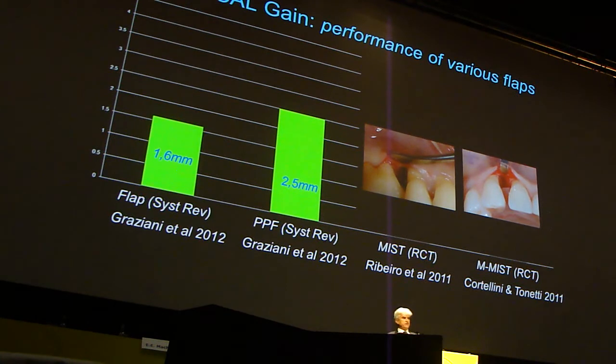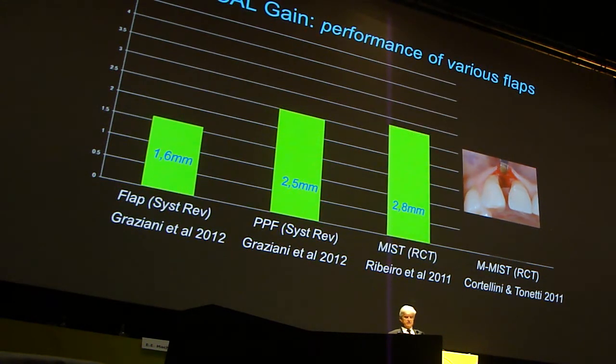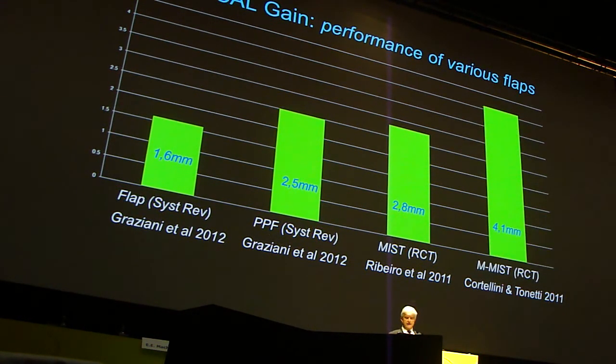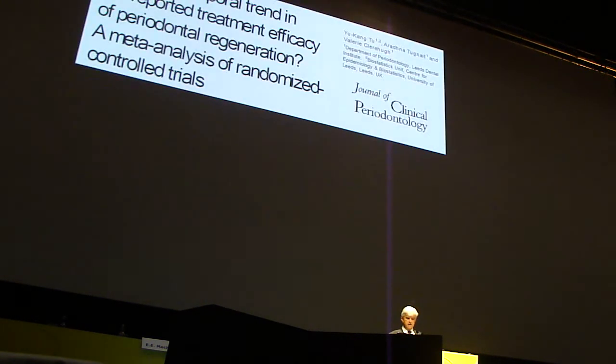Applying a papilla preservation flap, we go up to 2.5. Applying the minimally invasive surgical technique, we go up to 2.8. Applying the modified minimally invasive surgical technique, the one with only the buccal flap, we get up to 4.1. So there is a growing performance of the flaps. They are not all equal.